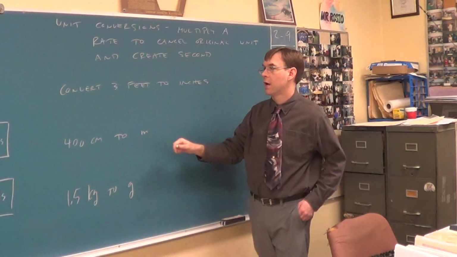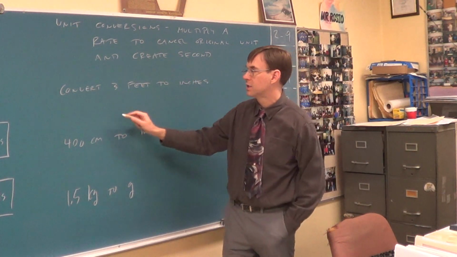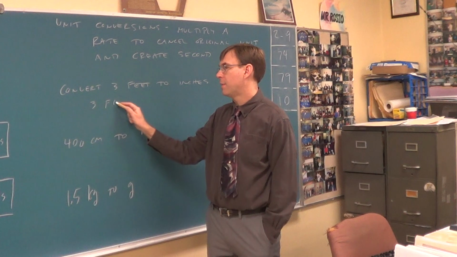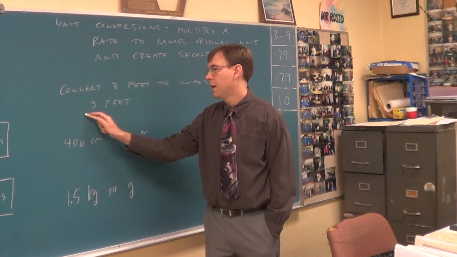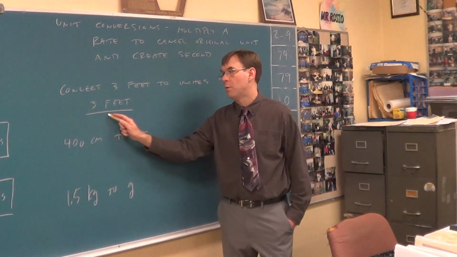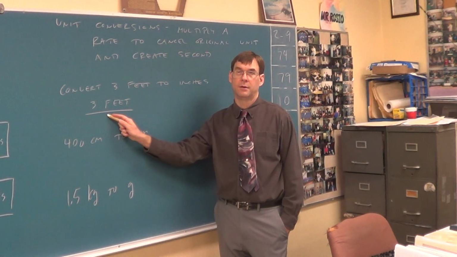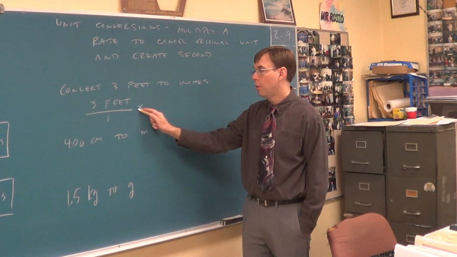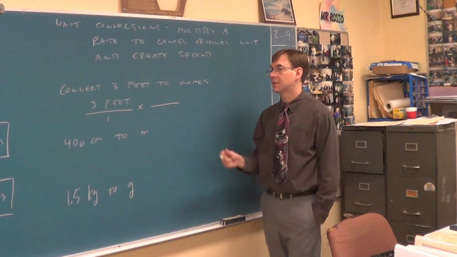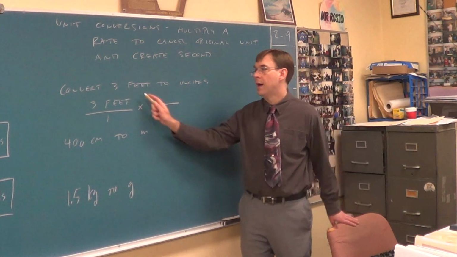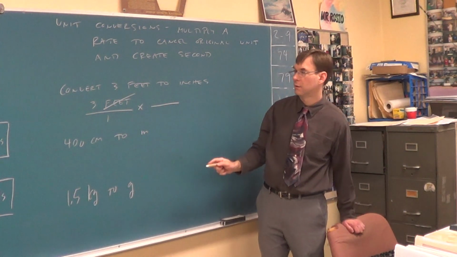So here's how I'm going to go about doing this. The problem mentions 3 feet, so I'm going to copy 3 feet. And if it makes you feel better, you can always put that on top of a 1. I'm going to multiply. I'm going to make myself a new fraction. I want to cancel feet.